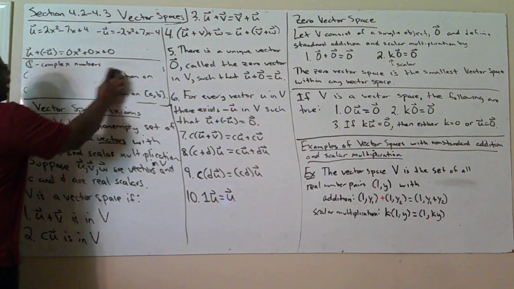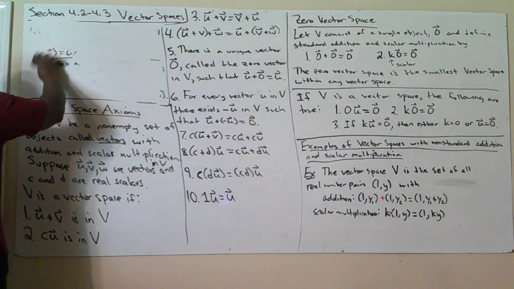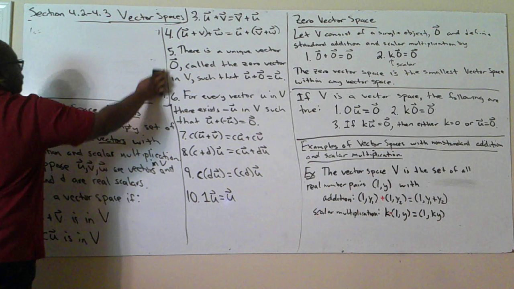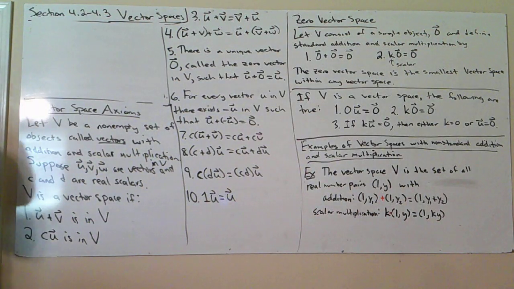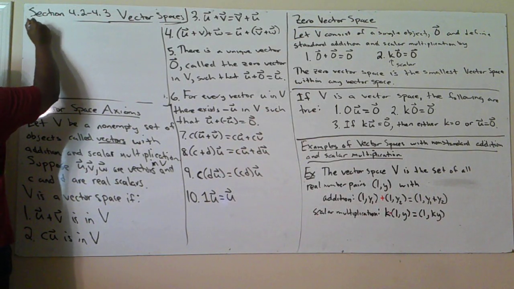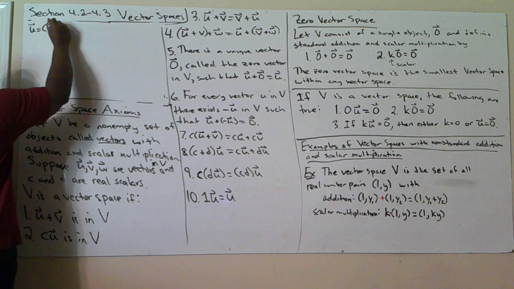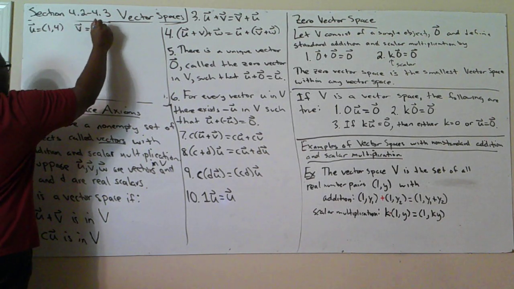I'll talk about the zero vector and negative u. Suppose I have u equal to (1, 4) and v equal to (1, 6).